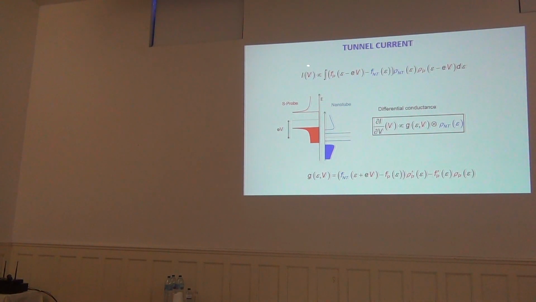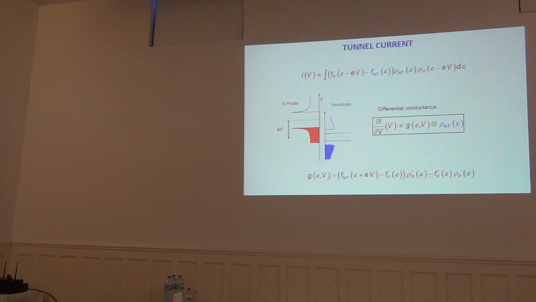So the tunnel current: you need to make tunneling of electrons, so you need to start with electrons occupying a state and go to states which are unoccupied, and take into account the density of states of both the electrode and the system.